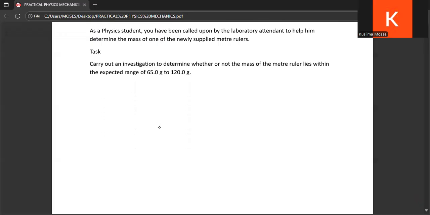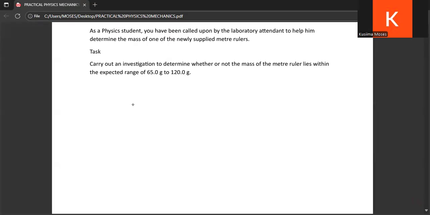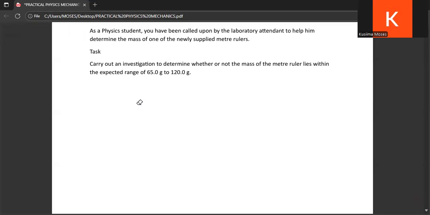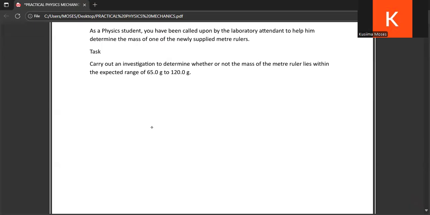So we need to first do a simple sketch here. If this is our meter rule, of course, we need to first come up with the center of gravity of this meter rule.